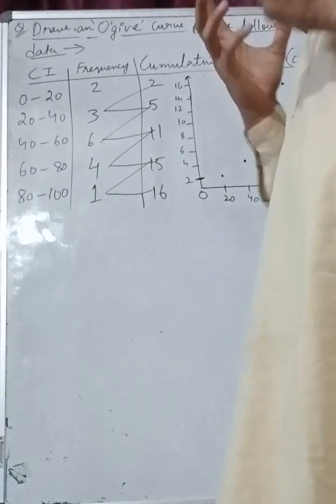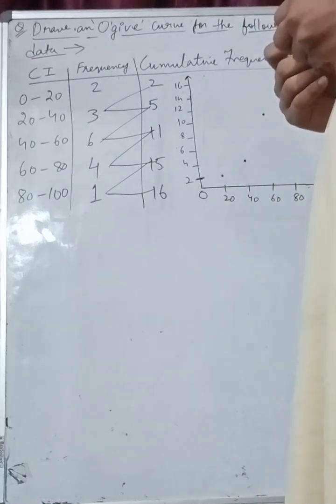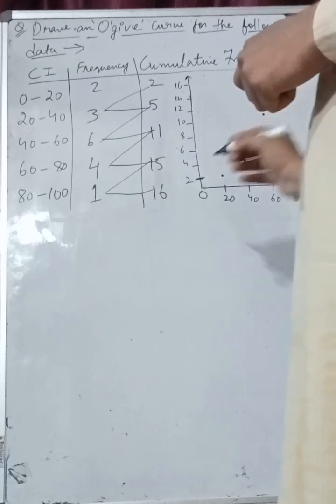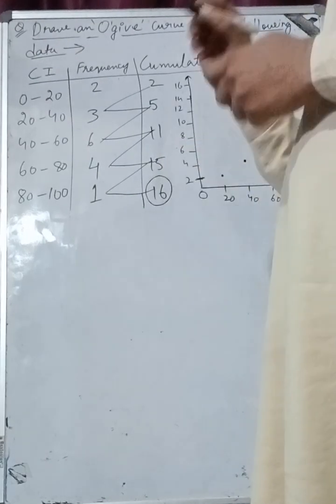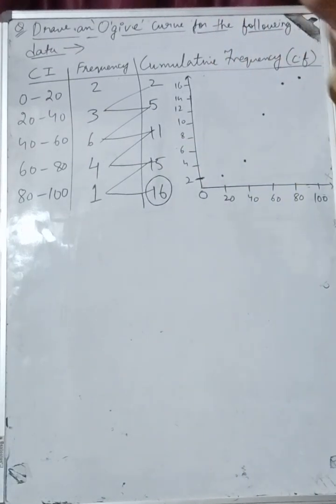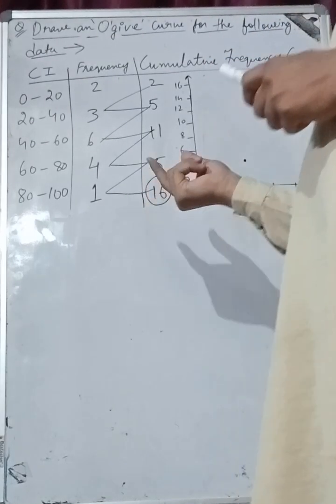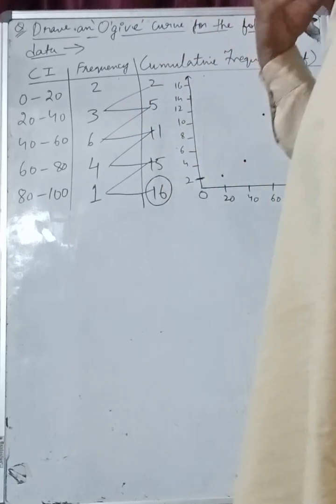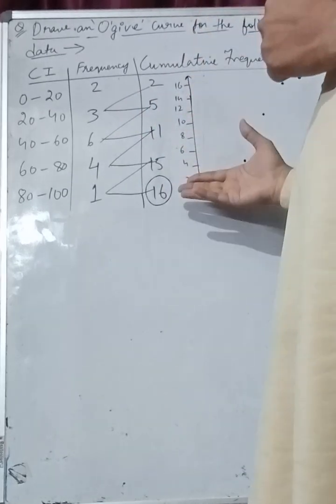Now, in order to find the median, this is the last value of the cumulative frequency. I have told you in the earlier video also that you decide the median of the given data according to the last value of the cumulative frequency.